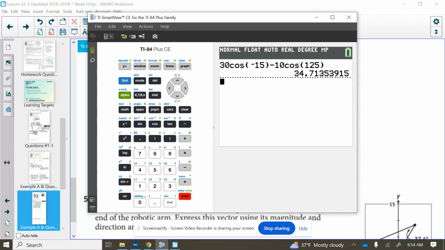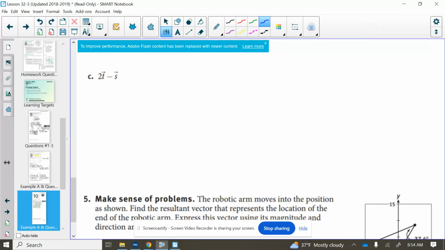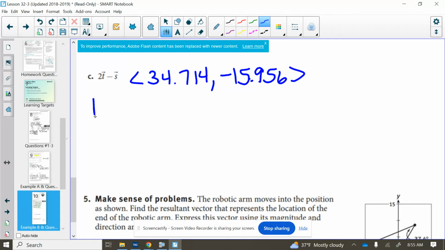So we get about 34.7 for component A. And then we're going to do the same exact thing except use a sine this time. And then we see the approximation on this one is about negative 15.956. So this is going to help us find the magnitude and the direction, because we have this component form.